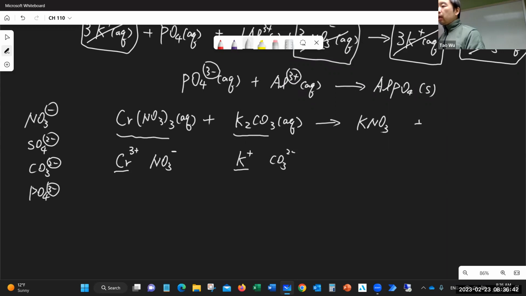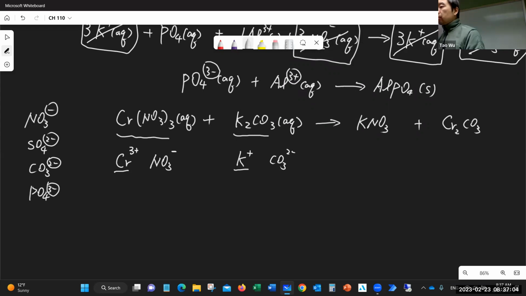So this is one of the compounds. The other is chromium 3 combined with carbonate. So this is 3 positive charge, and this is 2 negative charge. Based on the charges, you write the formula. 2 goes underneath over here, 3 goes underneath over here.